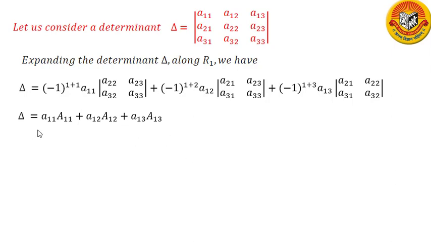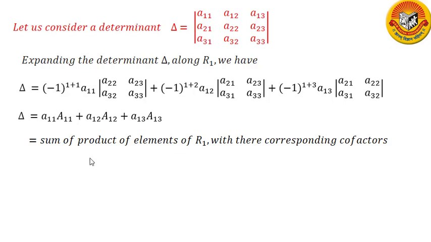Here A11, A12 and A13 are the elements of the determinant and capital A11, capital A12 and capital A13 are the cofactors. So this is how, using the cofactors, we can find the determinant. As here I have expanded along row 1, in the same manner you can expand along row 2, row 3, or C1, C2 or C3, right? So the determinant is the sum of products of the elements of R1 with their corresponding cofactors in this particular example.